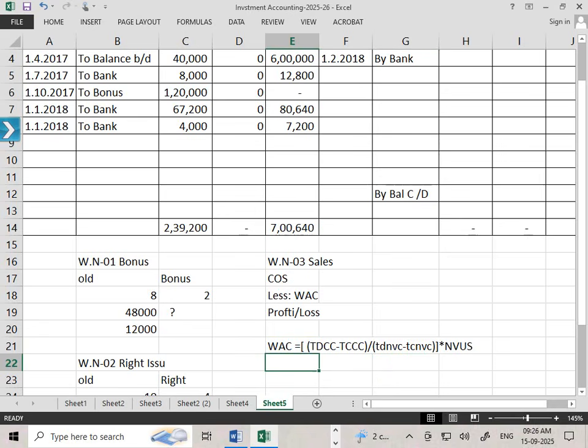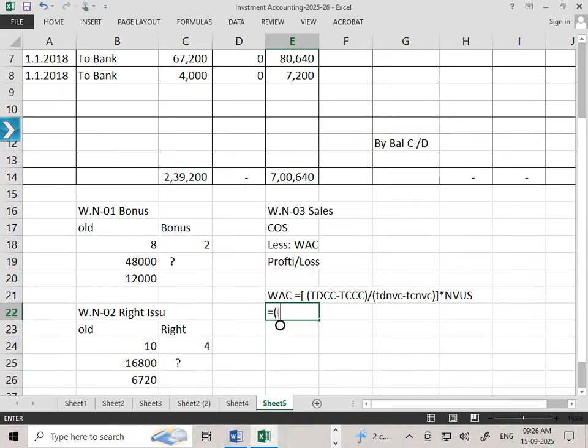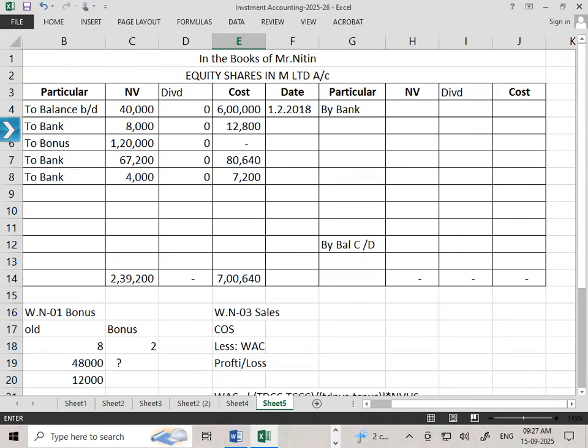Okay, so I will calculate that. First, total debit side of cost column: 7 lakh 640. So here 7 lakh 640 minus total credit side of cost column. So here credit side is what? Nil. If you look at this, credit side of cost column is nil.